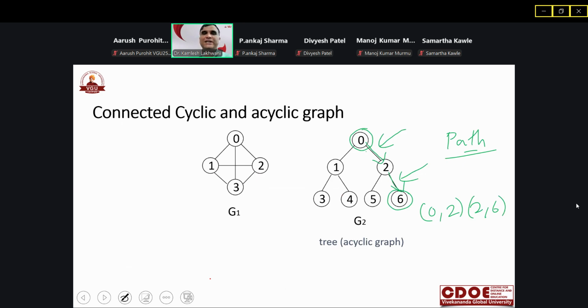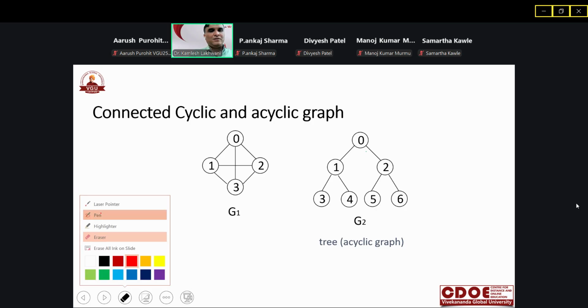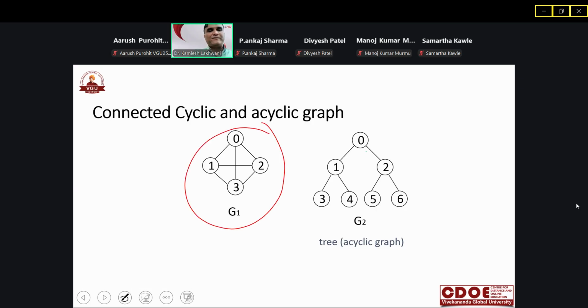Just try to understand connected, cyclic, and acyclic graph. This graph G1 is called connected graph because there exists a path from any node to any node.